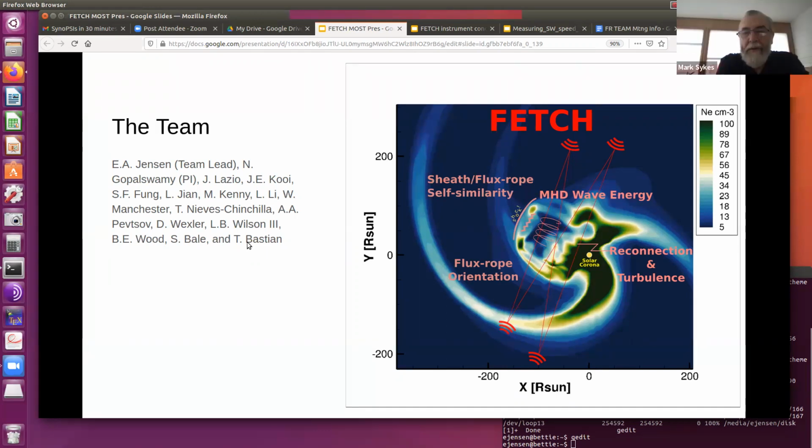Liz, I missed part of the beginning. When would this be submitted? When would it fly? Okay, so we are working on getting these details close to final in time for the decadal survey. They haven't officially requested white papers yet.